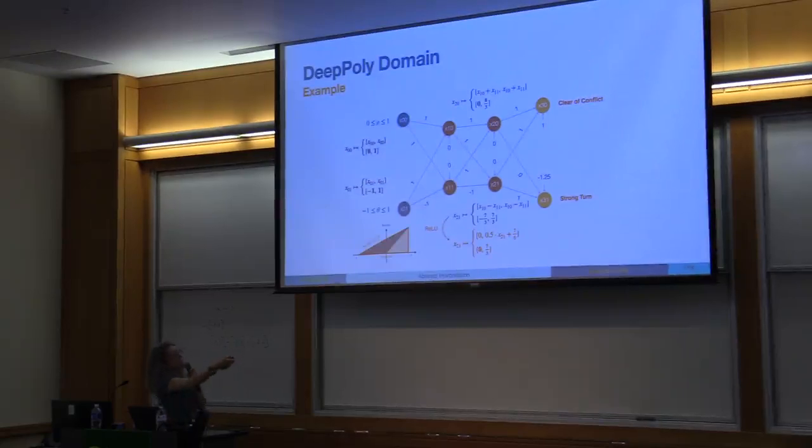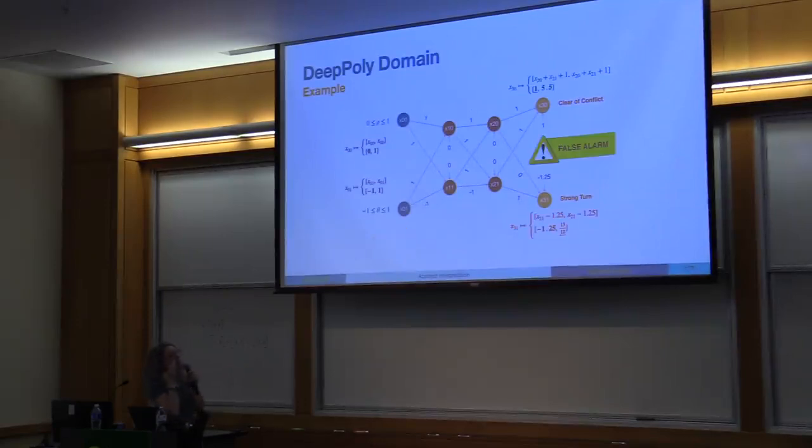At the next layer, we change abstraction because now we have symmetric bounds, which will give us this expression. And now at the output we have a false alarm, because the lower bound here is 1, and the upper bound here is a bit more than 1, 13/12.